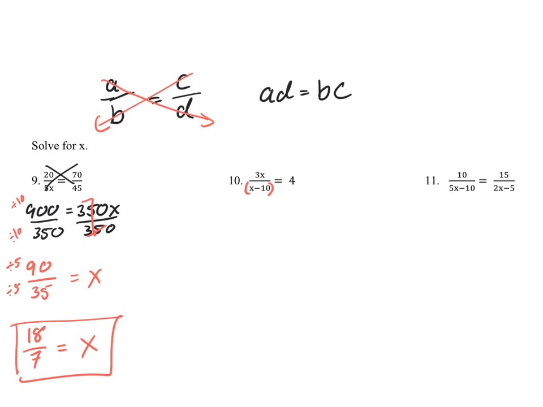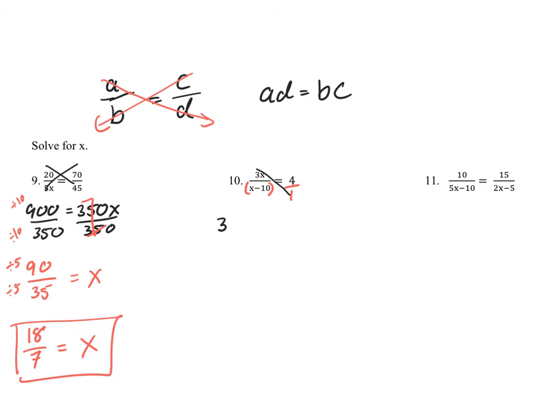Another tip is that anytime you have an integer on one side or something that is not a fraction, you can always turn it into a fraction by simply putting it over 1 so that we can easily do our cross multiplication. So I'm going to cross multiply here.